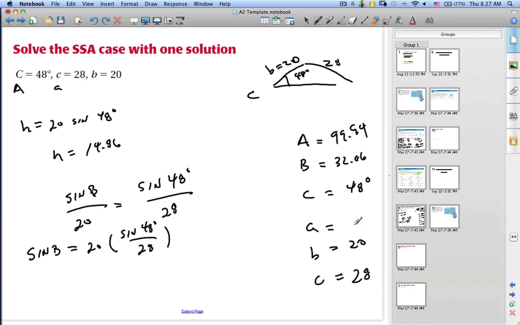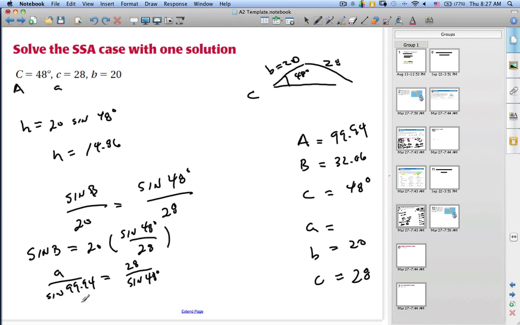This is going to be my longest side because A was my longest angle. And now I'm going to put the sides in the numerator, right? So I know that a divided by the sine of 99.94 will be equal to any of the other ratios I already have. I'm going to stick with the original, 28 divided by the sine of 48.